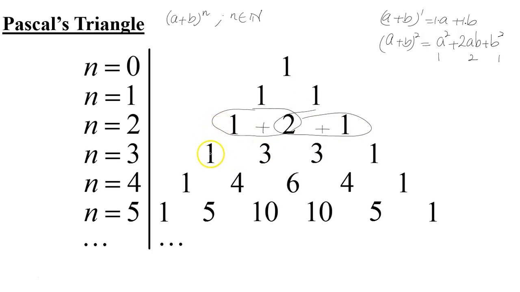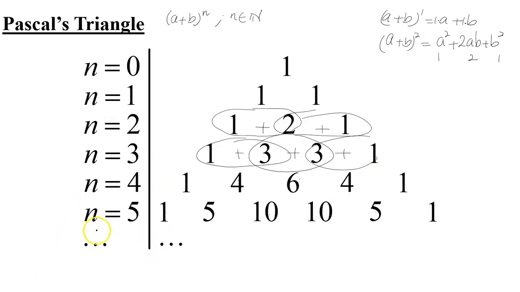Similarly, we start with a 1, then 1 plus 3 is 4, 3 plus 3 is 6, 3 plus 1 is 4. Then at the end we need to put a 1. Similarly, 1 plus 4 is 5, 4 plus 6 is 10, 6 plus 4 is 10, 4 plus 1 is 5, and then at the end we have another 1, etc.